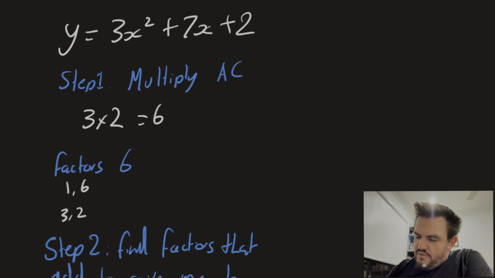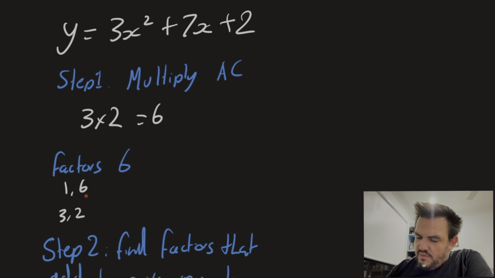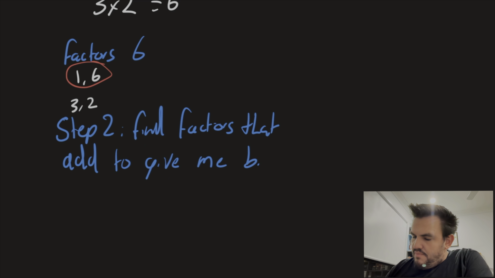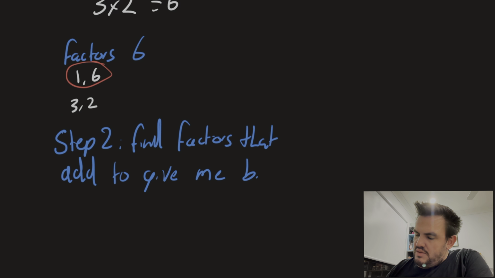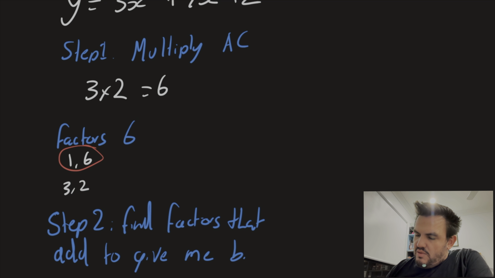Hopefully you can see that the factors I'm going to use are these ones here. I'm going to use those ones there because 1 and 6 add to give me 7, which is the b value in the middle just there. All right, so with that, I've found my factors, which are 1 and 6.